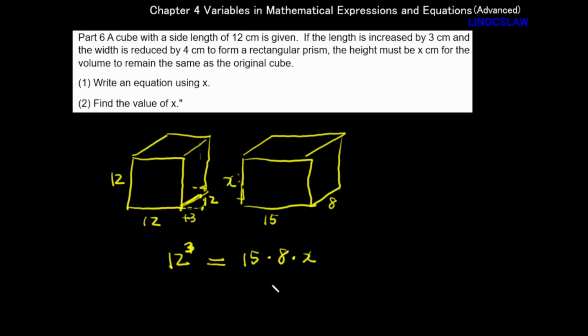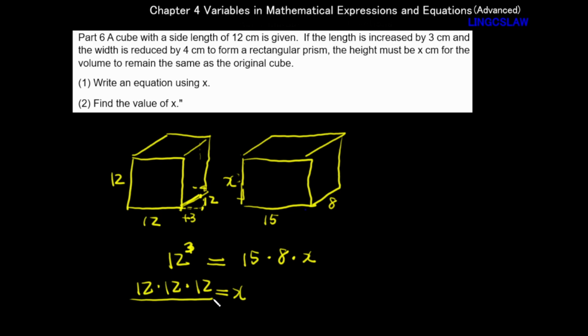So now let's write down this one. 12 times 12 times 12 equals 15 times 8 times x. So let's divide by 15 and 8.